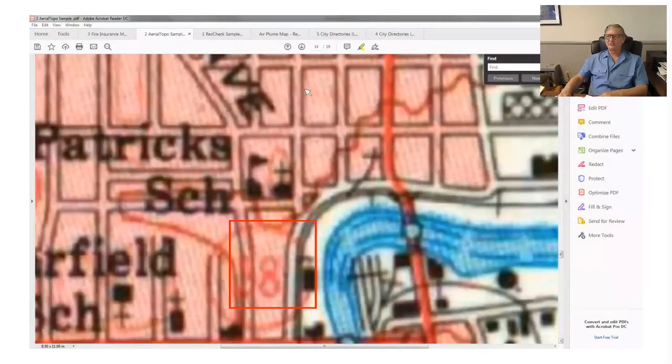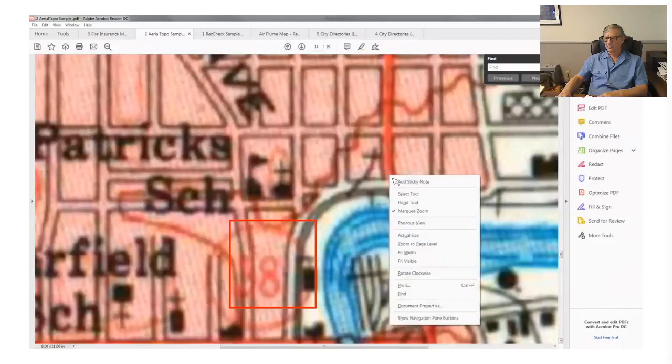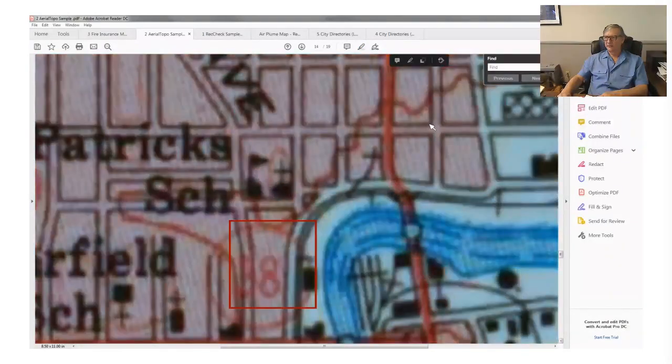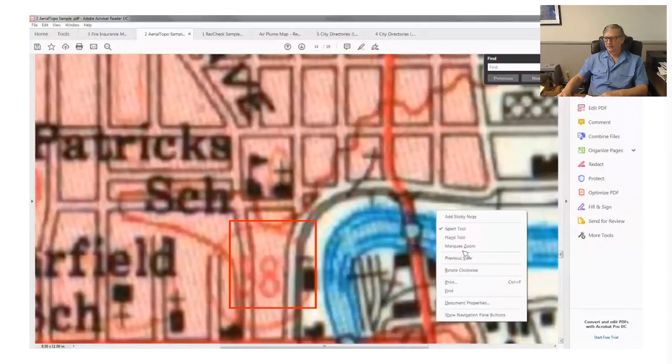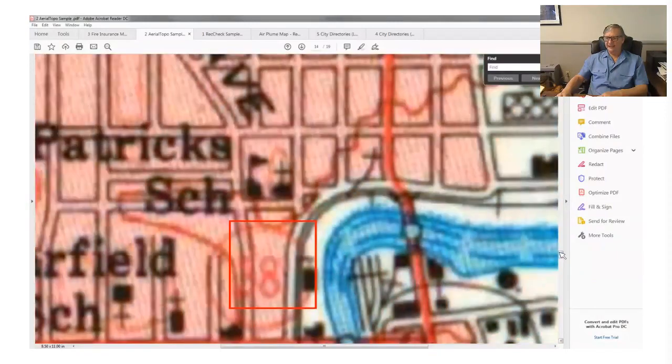And now it becomes pretty standard here. No biggie. I can't zoom out.